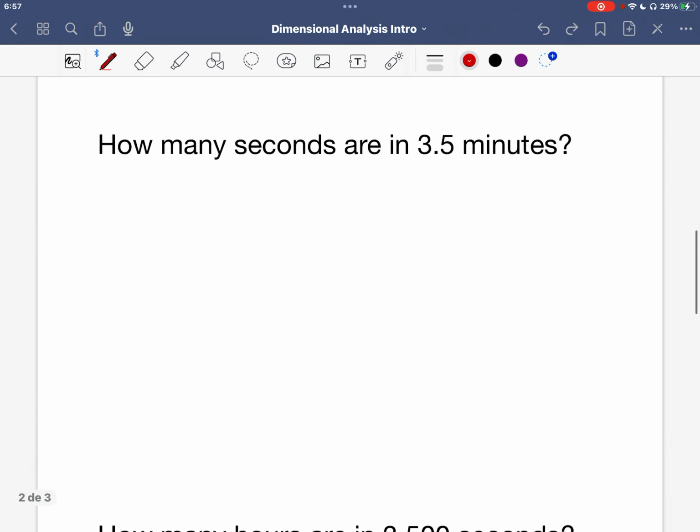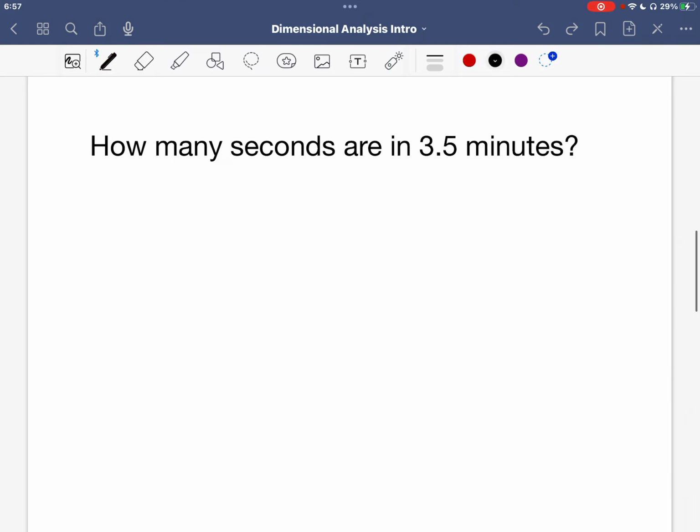All right, so how many seconds are there in 3.5 minutes? Let's set this up as a proper dimensional analysis problem. The unit that I'm starting in, starting unit, which I'm going to call SU, is, well, the value that I'm given is 3.5, and it's in the unit of minutes. So the unit that the measurement they give me is in is minutes.